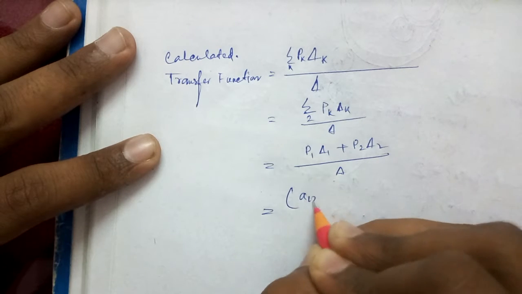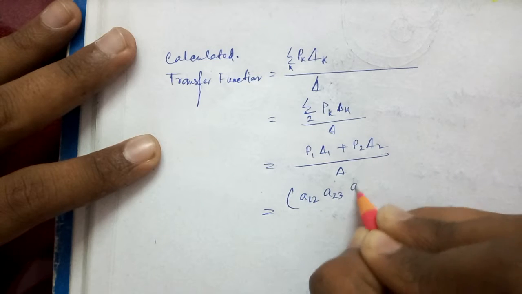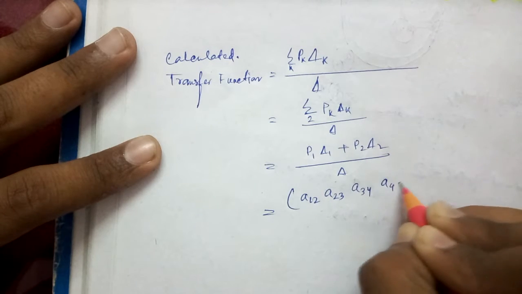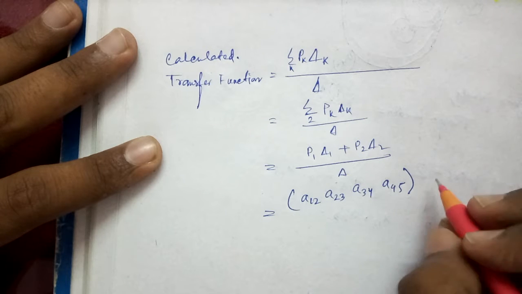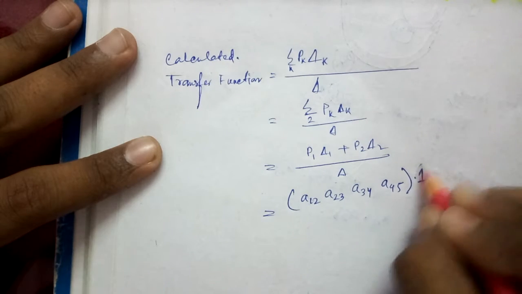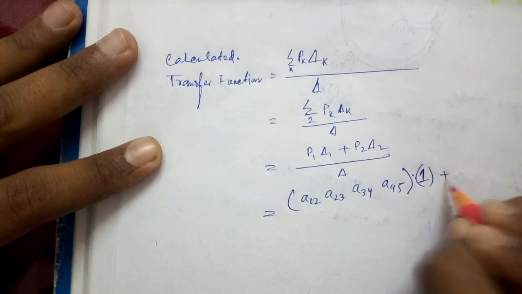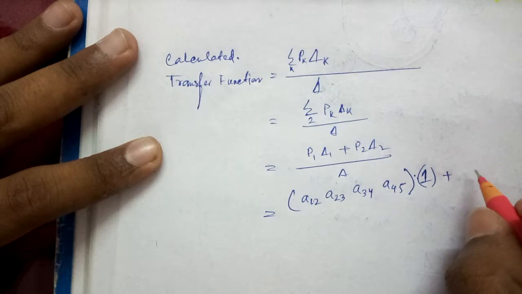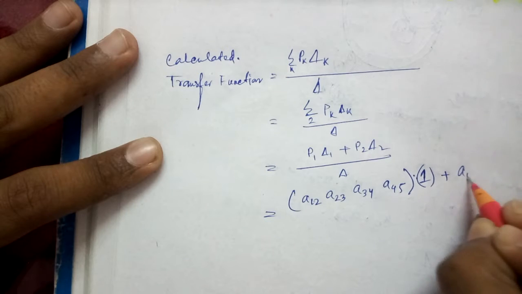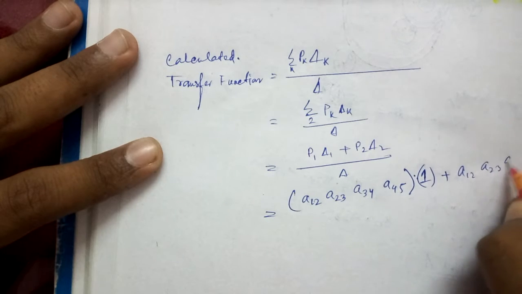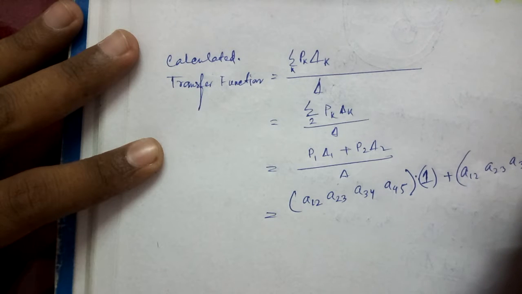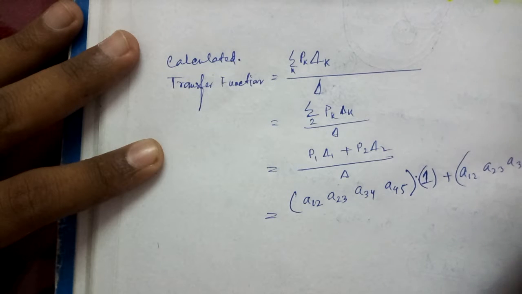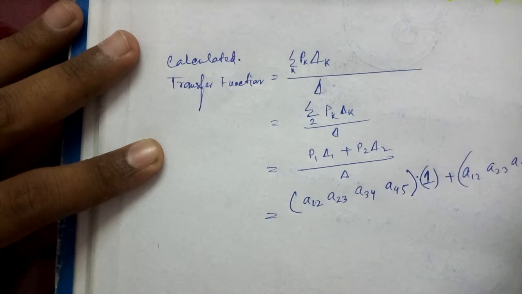P1 value was a12, a23, a34, a45 into the delta 1 value, that was only 1, plus P2 delta 2. P2 was a12, a23, a35 into delta 2 we have calculated, that is 1 minus a44.